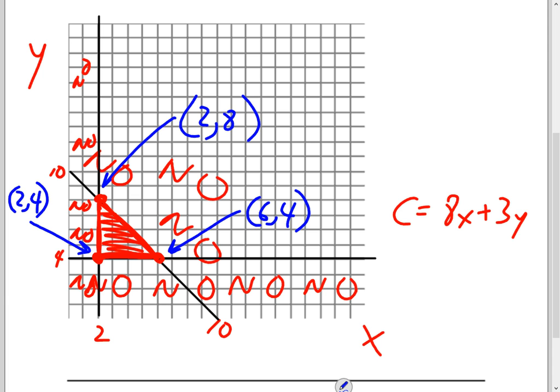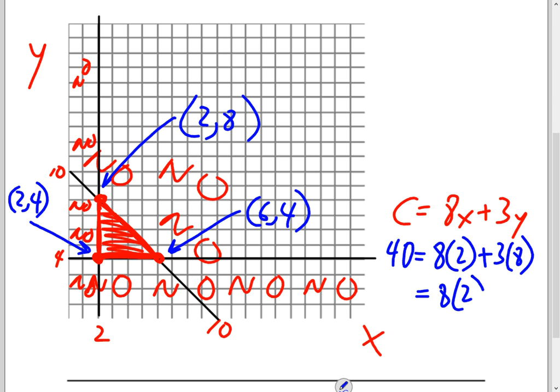Can people see what they did wrong? Are we looking for a maximum or a minimum? Minimum. Well, which of these has the lowest numbers in it? 2 and 4. I still wanted you to show me that another point, like 2 and 8, turned out to be 16, 24, is that 40?